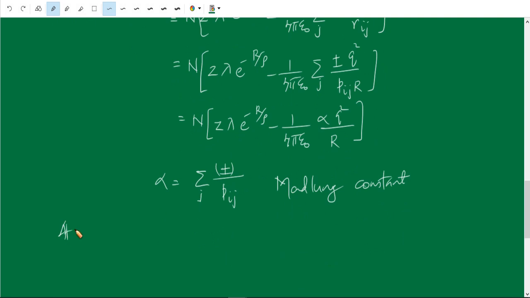At equilibrium separation, the nearest neighbor distance becomes r equal to R0.